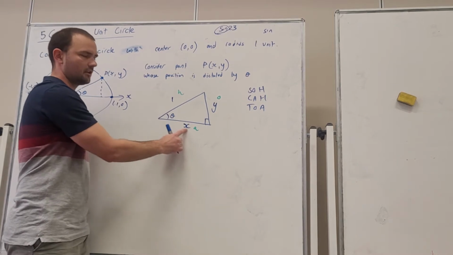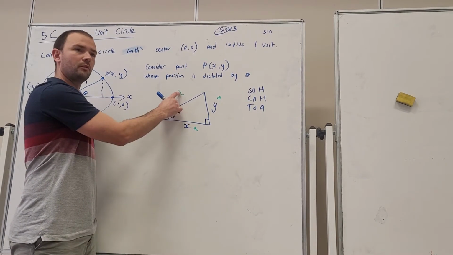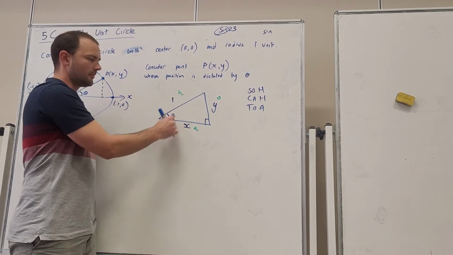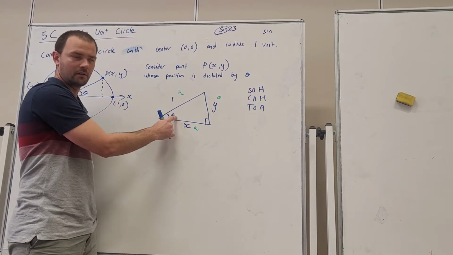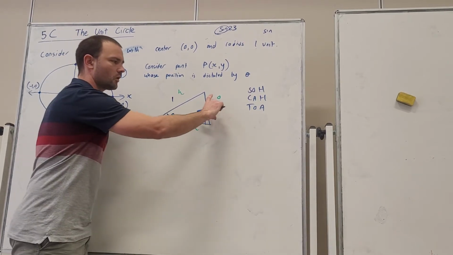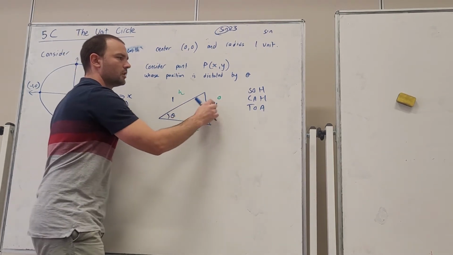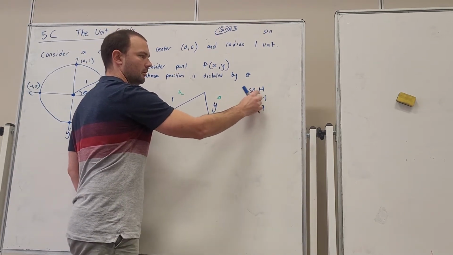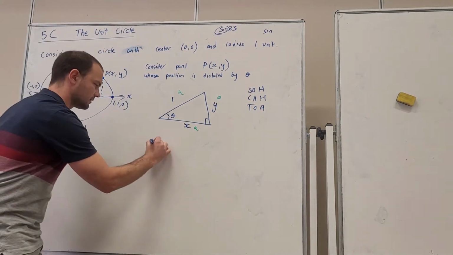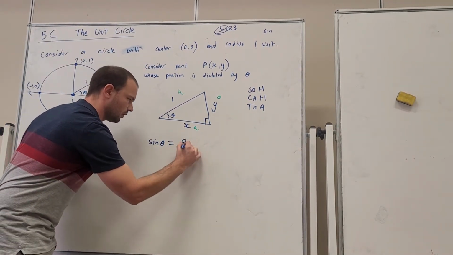We don't know this, it's unknown, so we're going to ignore it, but we do know this one. We know this, and we're just saying this is some angle. So we've got H, and we're trying to find O. What ratio involves H and O? Sine. Sine involves O and H. And so we're going to make the statement, sine theta equals O on H.